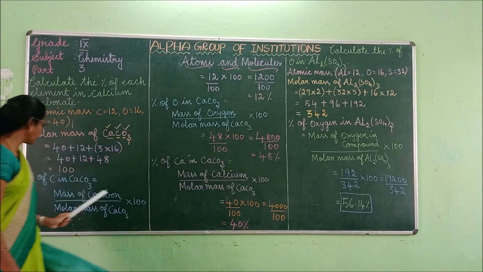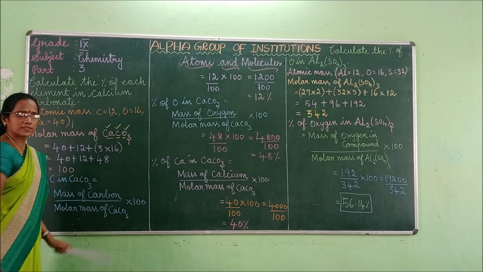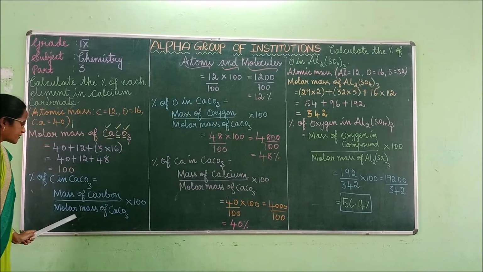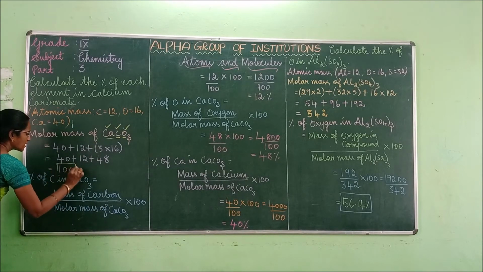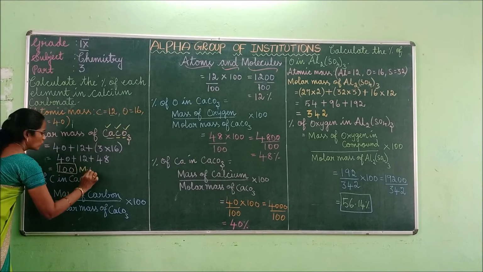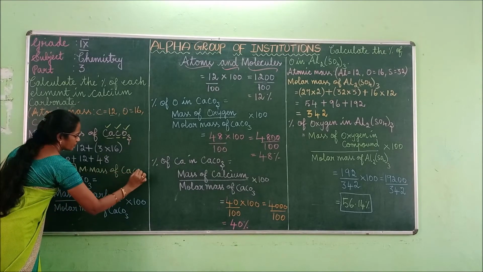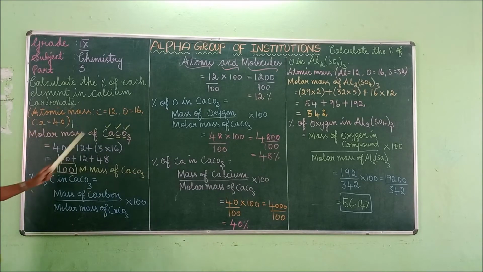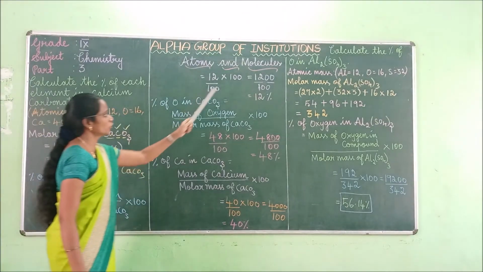So next what you have to do? Mass of carbon. What is the atomic mass of carbon? It is 12, right? So 12 divided by the molar mass of calcium carbonate, which is 100, into 100.